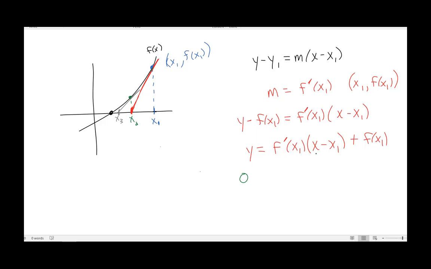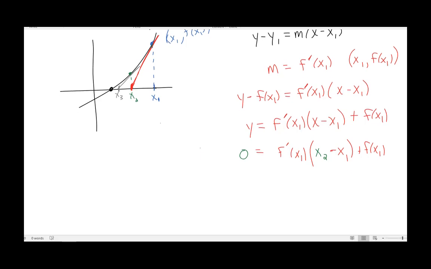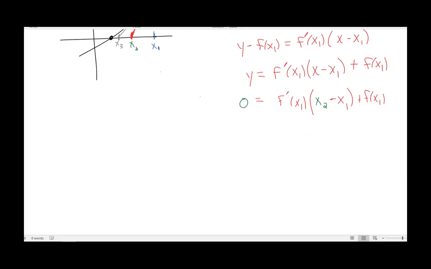This x value would solve it, and I'm going to call that x2. Let me switch back to red. We have f prime at x1, and here is that next intercept. I need to solve this equation for x2, so I'm going to do a little bit of algebra.